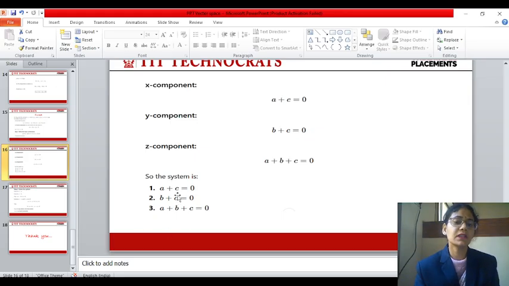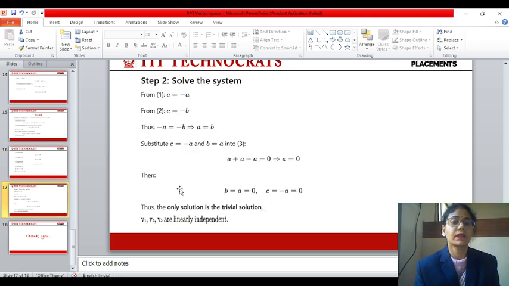From the first equation we get that c is equal to minus a, and from the second equation we get that c is equal to minus b, which means minus a is equal to minus b. This implies a is equal to b. You can cancel minus with minus, a is equal to b. Now you can substitute these values of c and b in equation number 3. We get a plus a, 2a, minus a is 0.